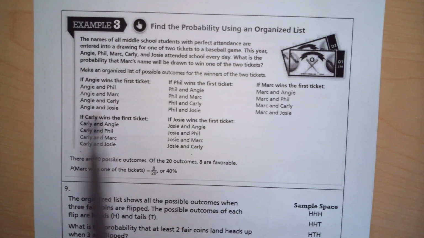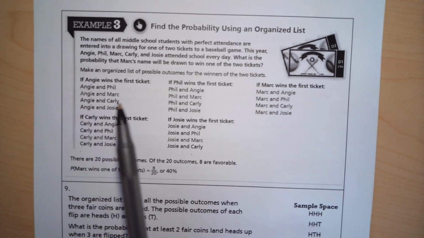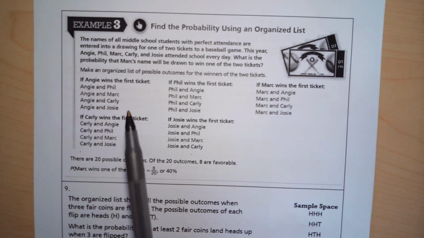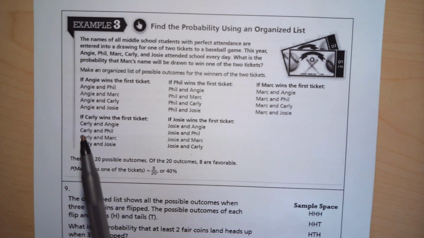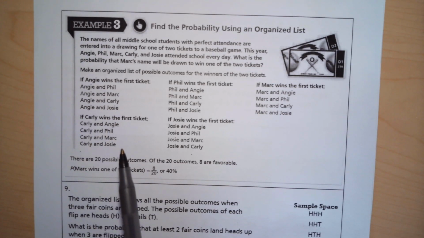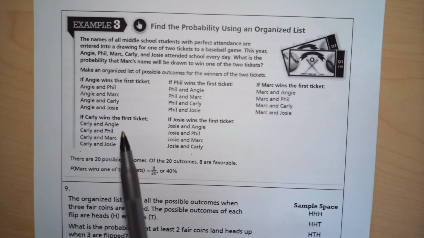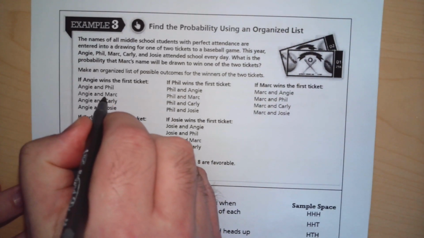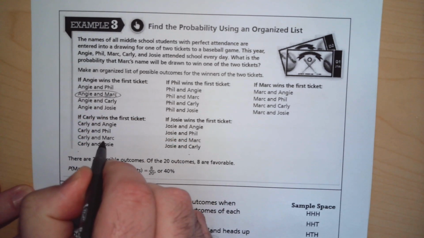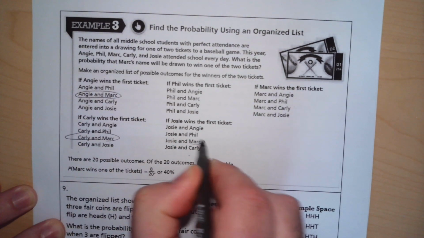So if Angie wins the first ticket, these are the other ways that the tickets could be distributed. And if Carly wins the first ticket, these are the other ways the tickets could be distributed. And so what we're looking for is the chance that Mark's name will be drawn to win one of the two tickets. So we're looking for all the cases where Mark's name could be drawn.